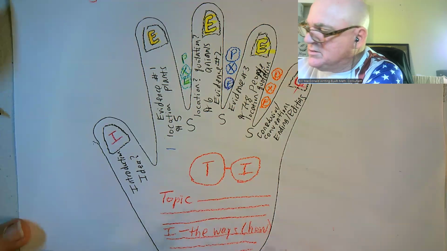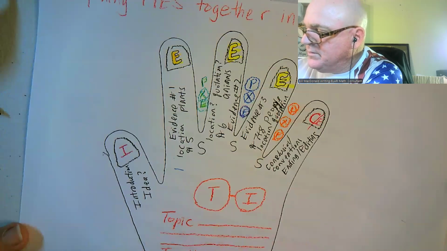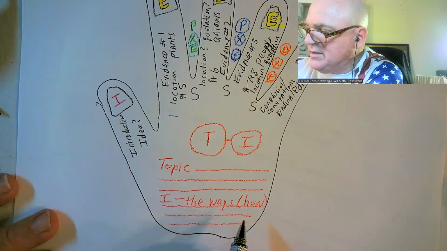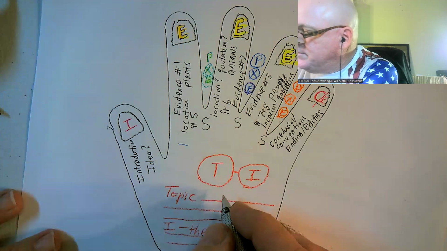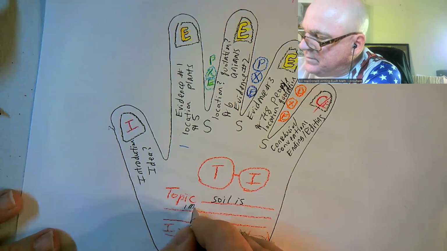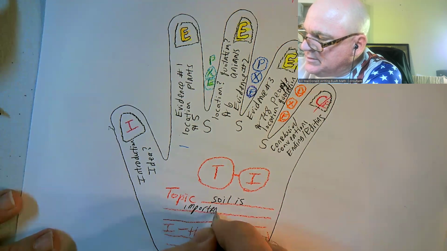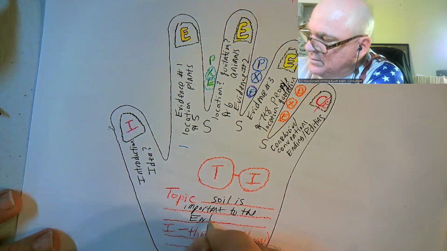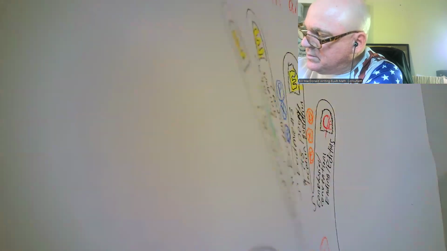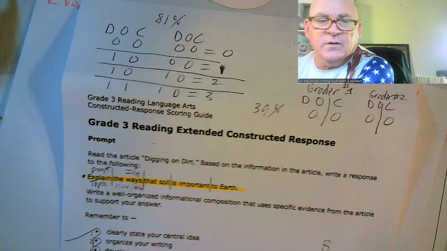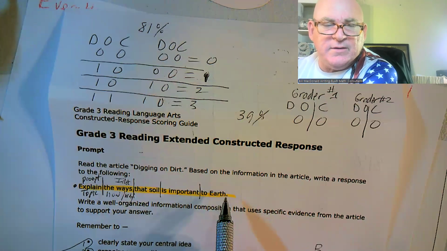Okay, so it says, explain the ways, that's the how, or you could say the why, that soil is important to the earth. Okay, I make sure that I responded correctly to the way the prompt was written. Yes, even the word earth is capitalized here.